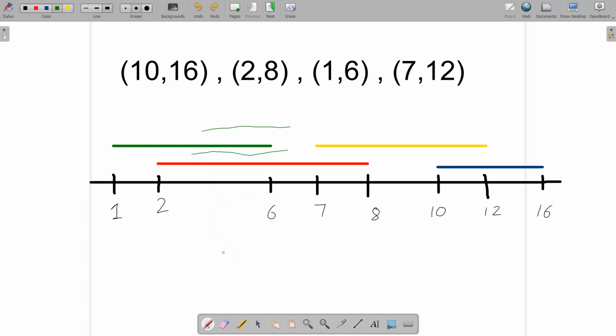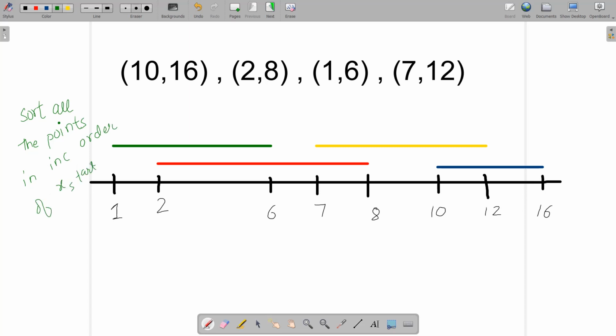But we are interested in solving this problem for this sample one, so let's try to understand. When I first solved this problem, I thought the best approach would be to sort all the points, the coordinates, in increasing order of x start.